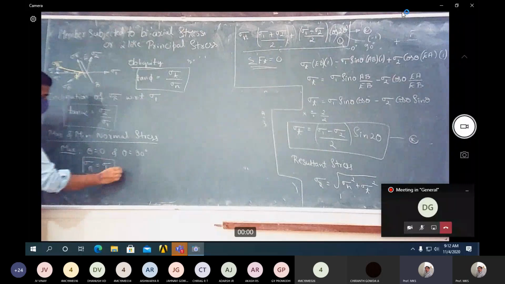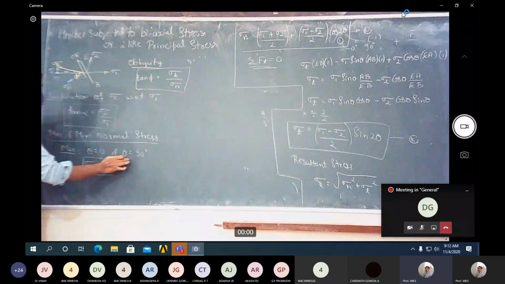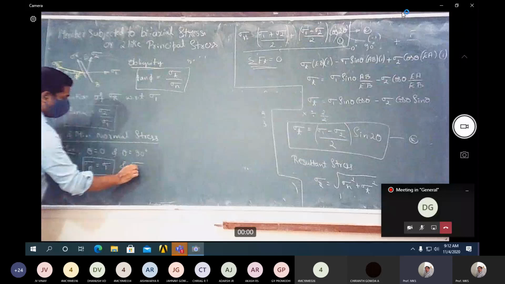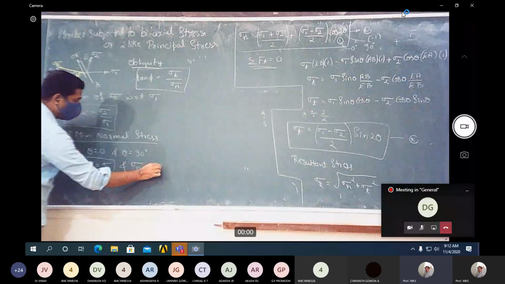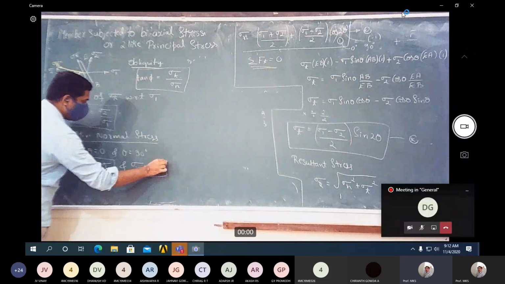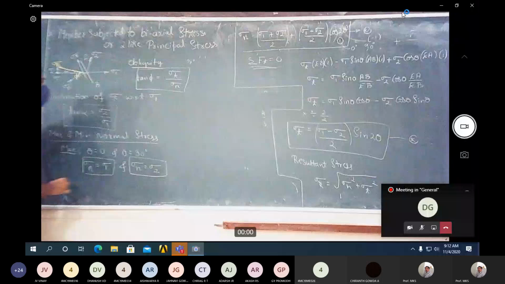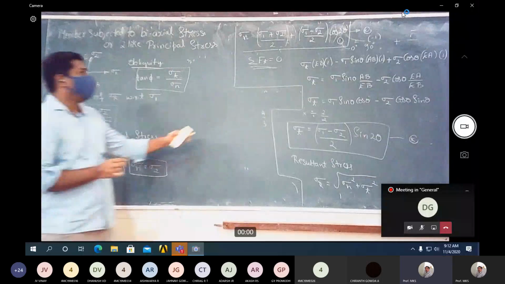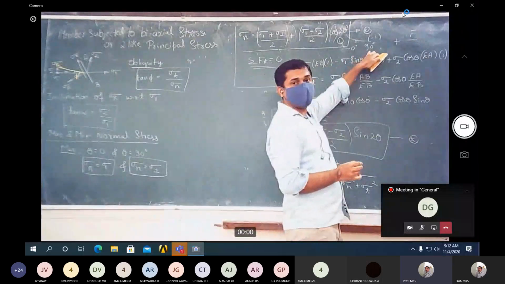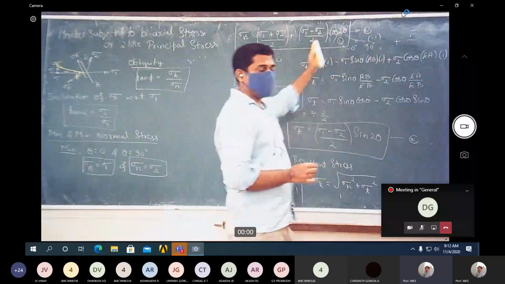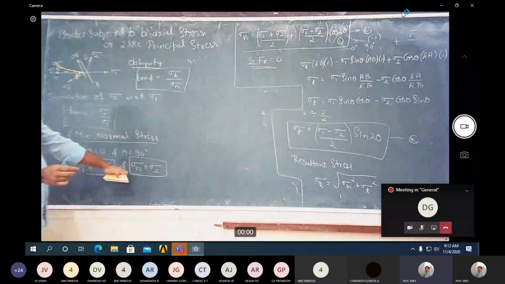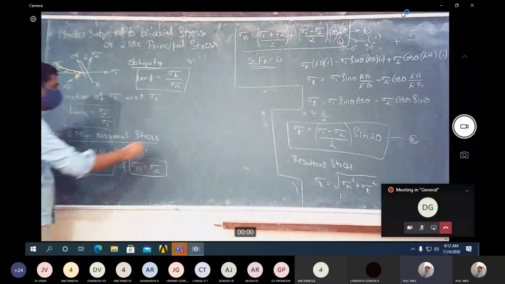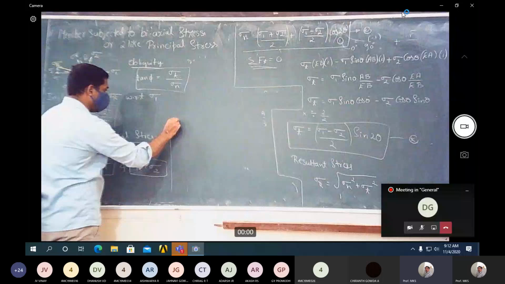So when theta is equal to 90, you will get sigma n equal to sigma 2. Just cross check when you multiply with that 1 and minus 1. When theta is 180 degree, it is minus 1. So this is the maximum normal stress.